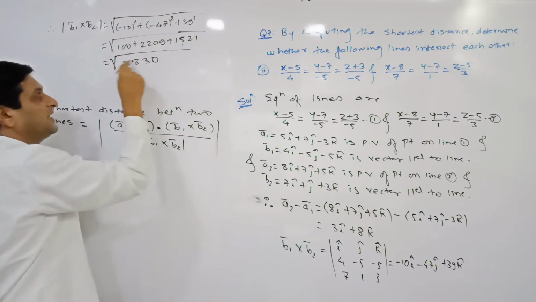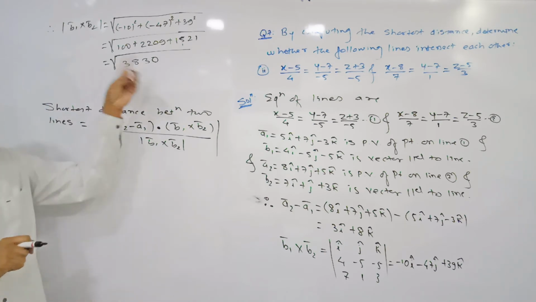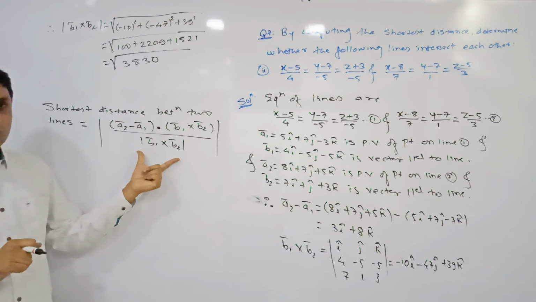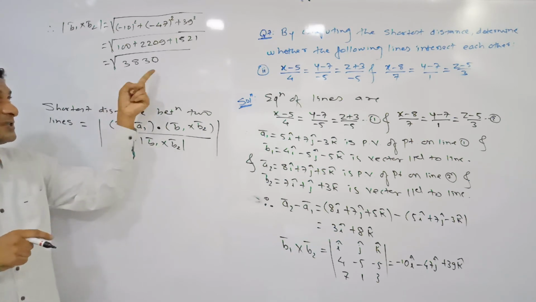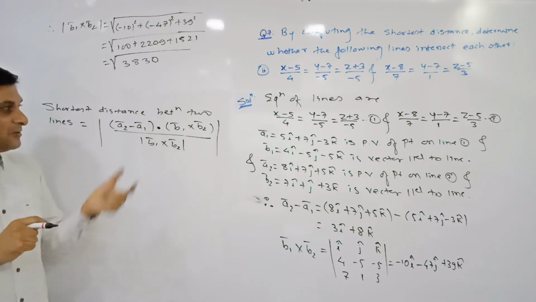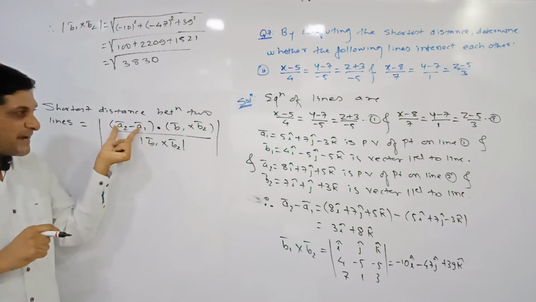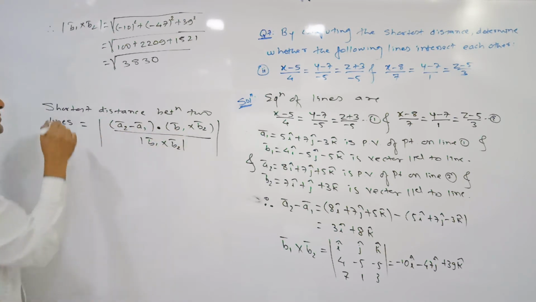Sorry, 3830 will be the addition of these three numbers. Now the value in the denominator is known to us, under root 3830. To find the value of the numerator, we have to take the dot product of a2 bar minus a1 bar and b1 bar cross b2 bar.